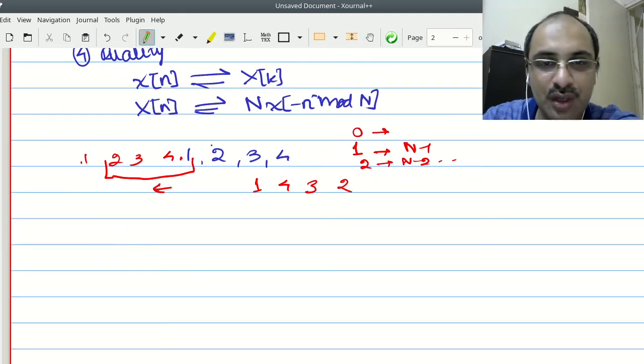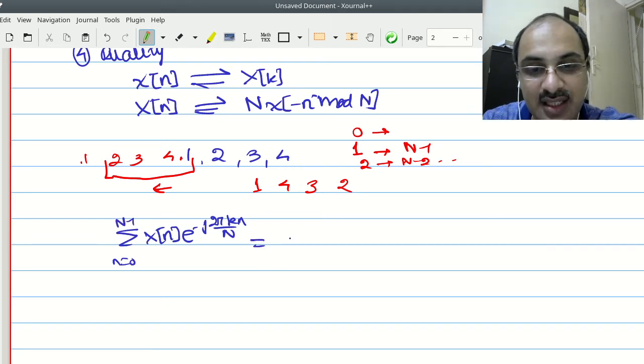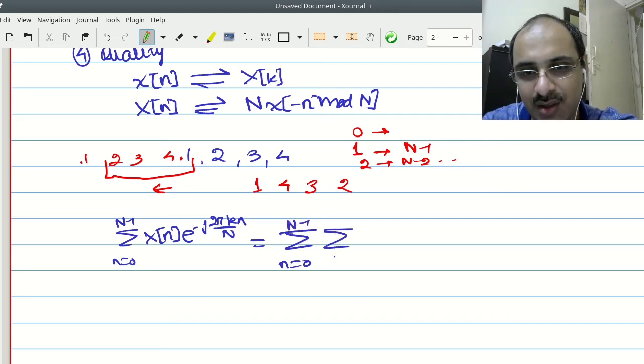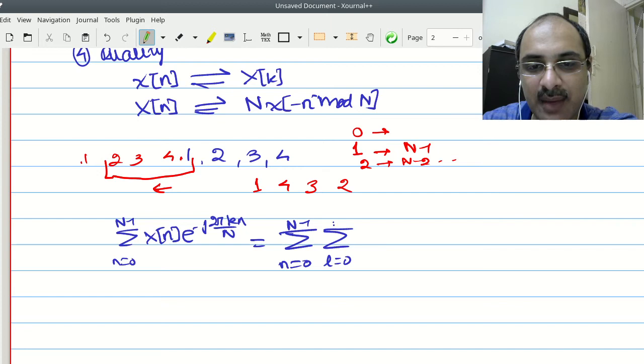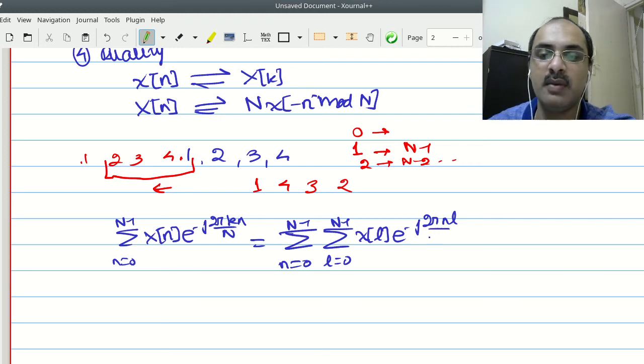What you need to do is find the DFT of this. So that is the summation of x[n] e^(-j2πkn/N), n runs from 0 to N minus 1. But the definition of x[n] itself is the summation, l runs from 0 to N minus 1, of X[l] e^(-j2π n l/N), let me be very careful.